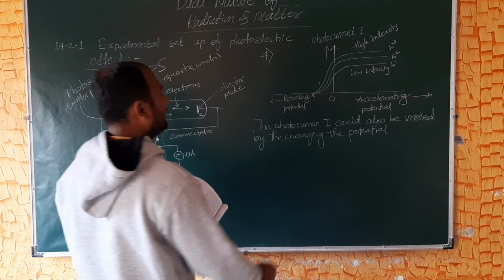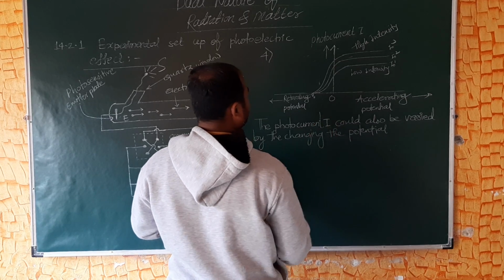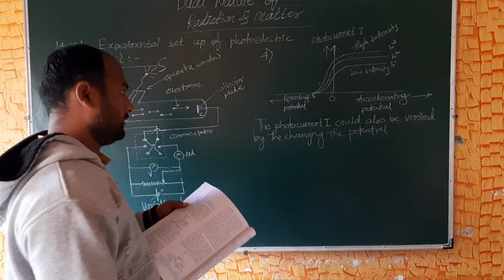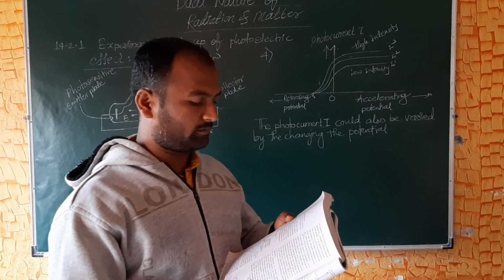Photocurrent I would be varied by changing the potential of the collector plate.